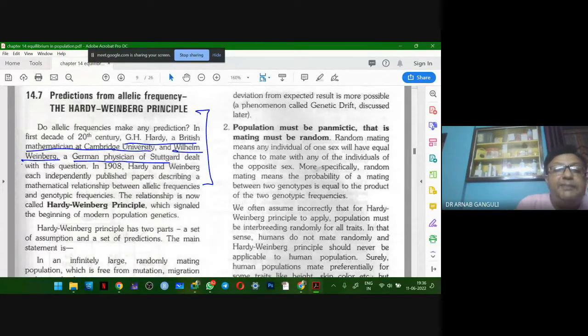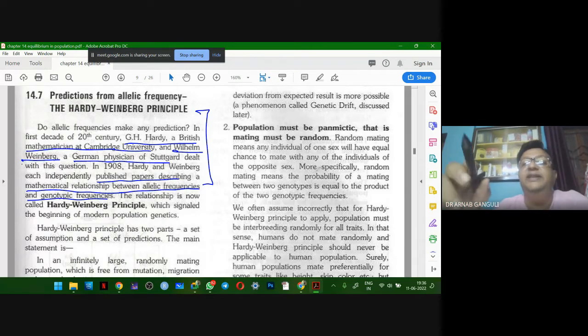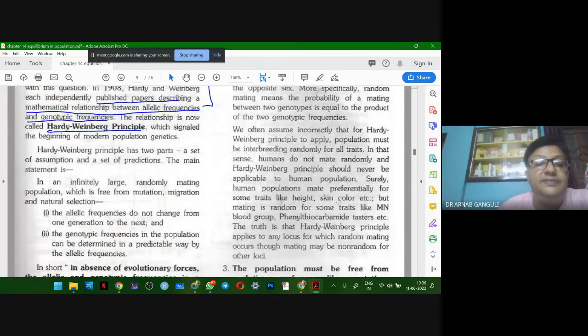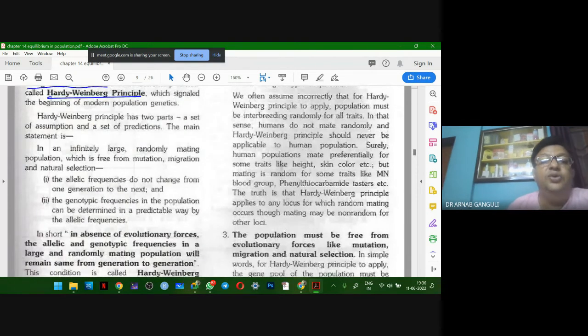They independently published papers, and together their laws describe the mathematical relationship between allelic frequency and genotypic frequency. This is known as the Hardy-Weinberg principle. It has got two parts.